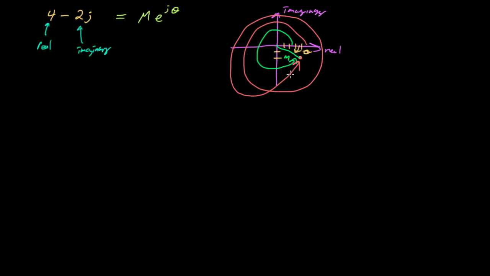It doesn't matter. I'm equally representing the same exact number, whether I go down just a little bit, whether I go all the way around, or whether I go all the way around a whole bunch of times. So long as the angle is right, even if I have to go around a couple of times, that is this number, and I will be representing the number correctly.